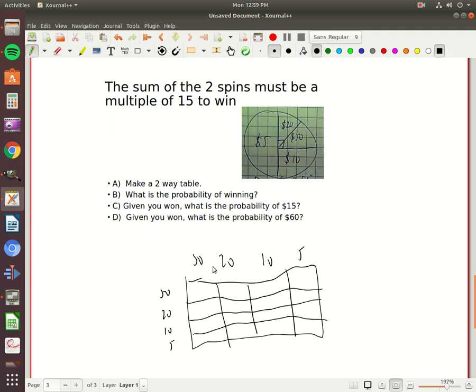We know that this happens, what is that, 1/8? This is 2/8 and this is 4/8. So we have our odds there, and we'll get the same thing, 1/8, 1/8, 2/8, and 4/8.